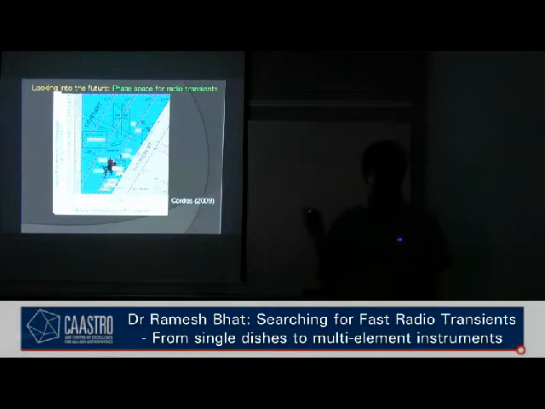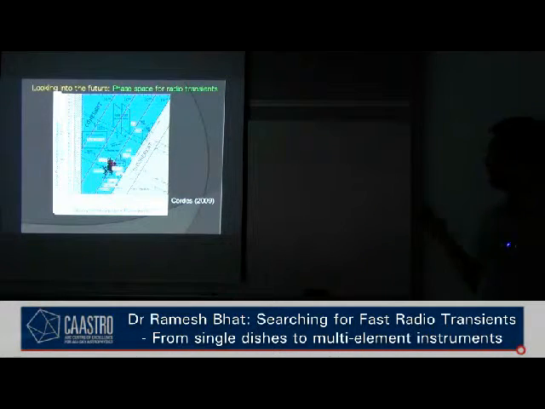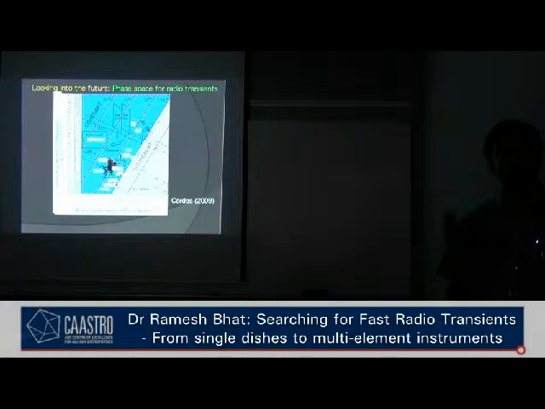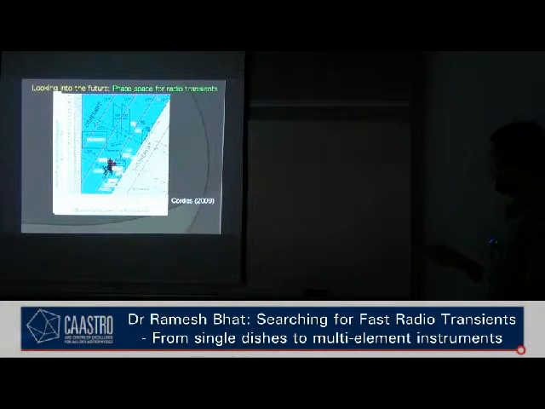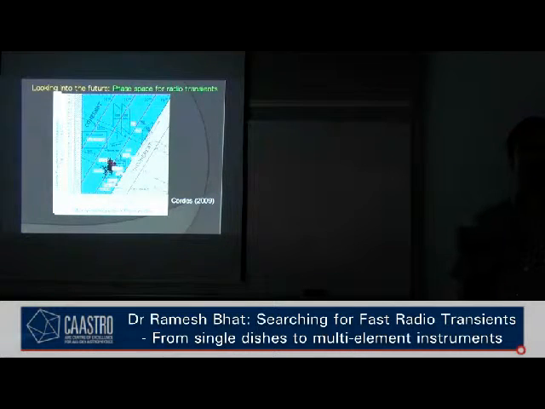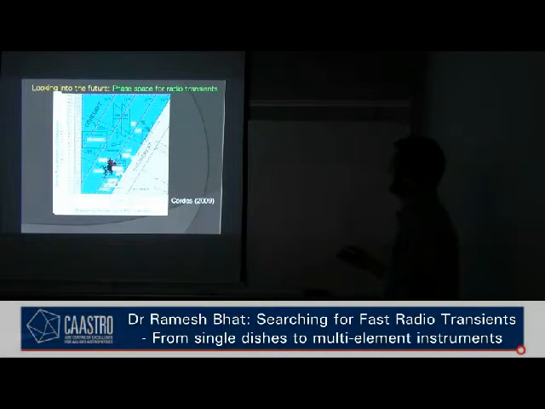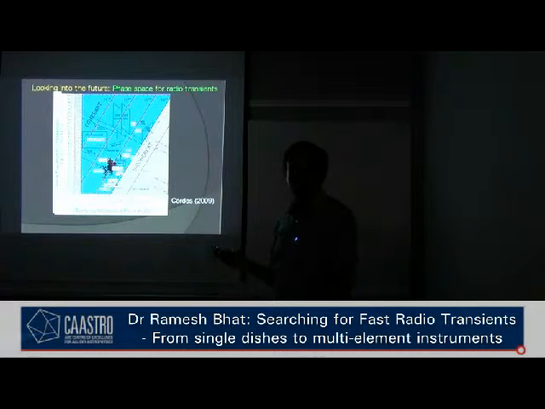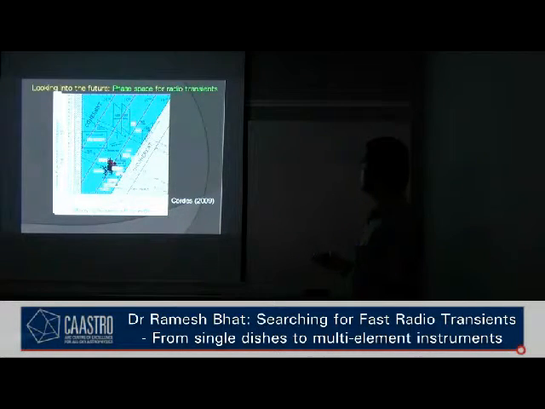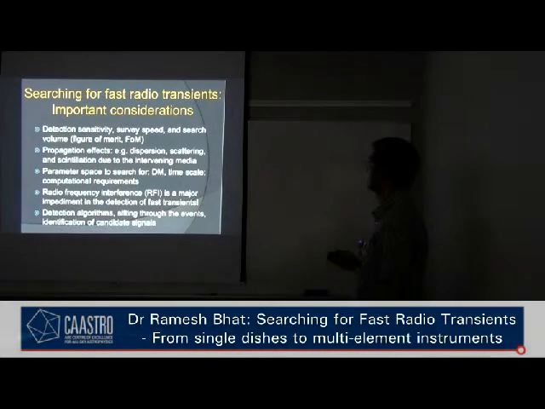One important thing to take from this plot is that unless you assume that nature has its own preference, you have to conclude that there is a large part of the parameter space that is still unexplored. In other words, there is a lot of discovery potential in this area. And that is obviously the driving factor for pursuing this science with a lot of new instruments.